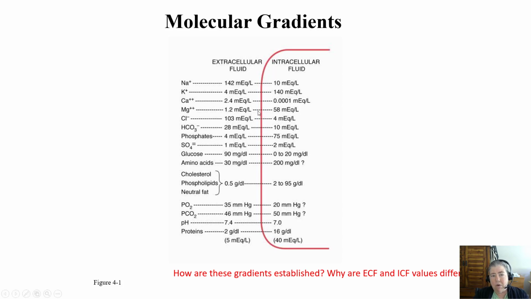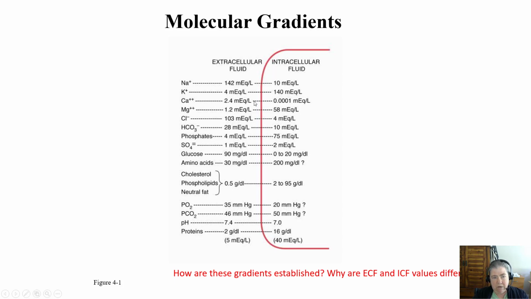Okay, and we will come back to these, but you're going to have to remember that in the extracellular fluid, a normal sodium is around 140 or 145, and a normal potassium is around 4. Those are the only two I'm going to ask you to think about right now.